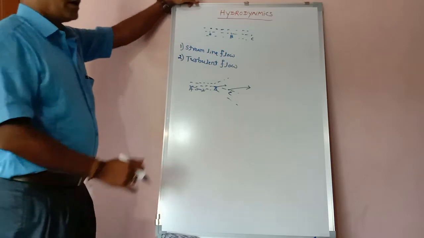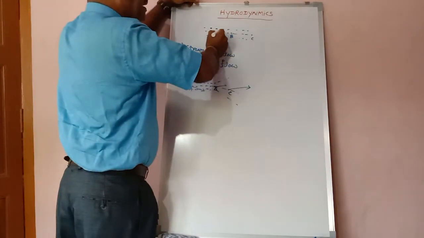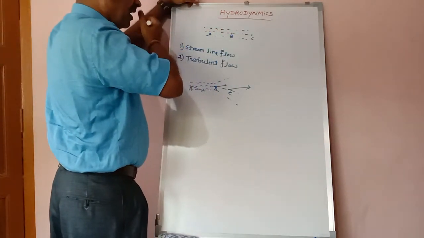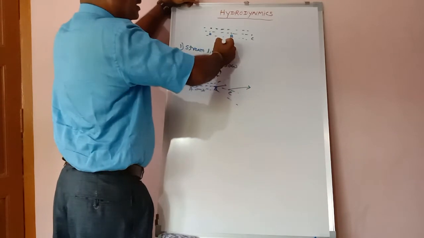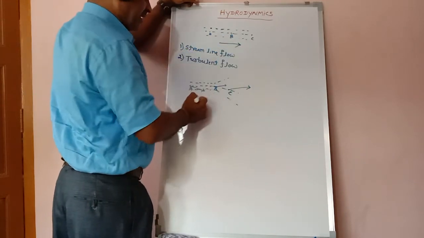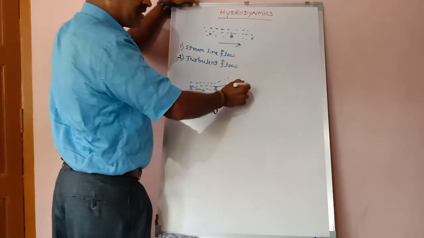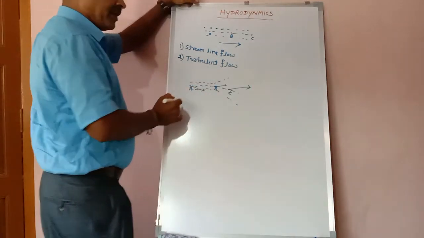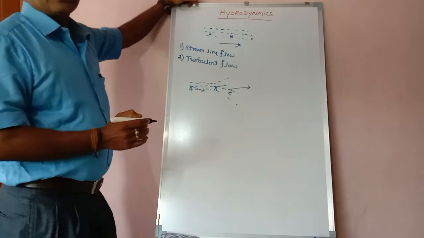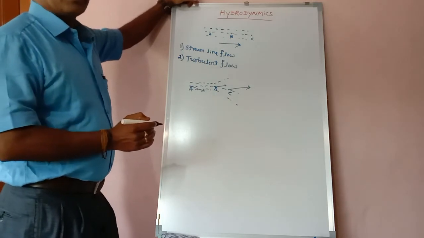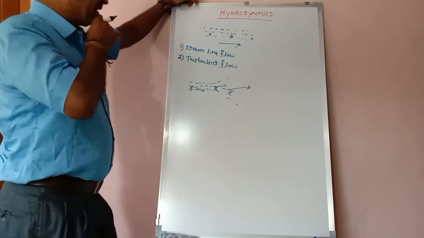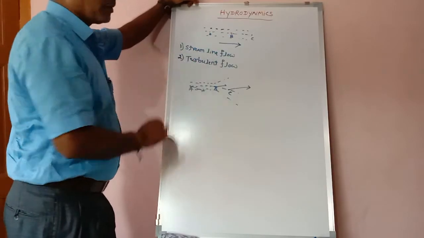That path of flow of the fluid remains. But here in turbulent flow the direction of flow is different because the velocity is different at different points.